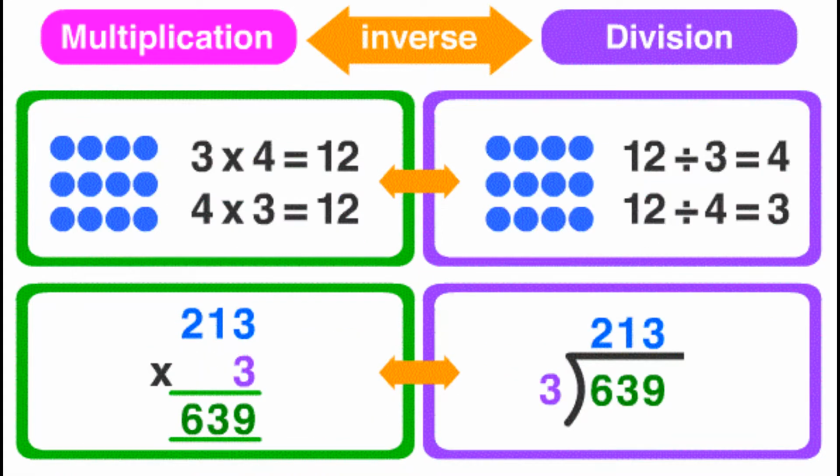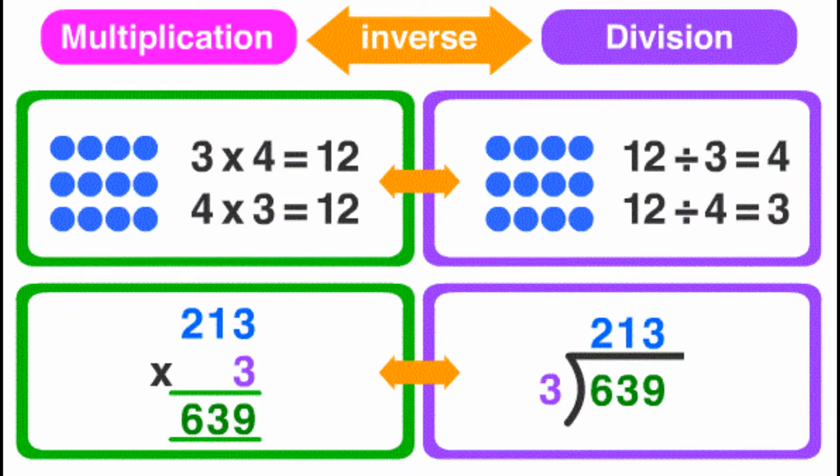Now let's have a look at multiplication and division. They are also linked by being inverse operations. If I had 3 and I multiplied it by 4, I would end up with 12, yes? But if I take my total of 12 and divide it back into 3 groups, I will end up back at 4. It is the opposite, the inverse.